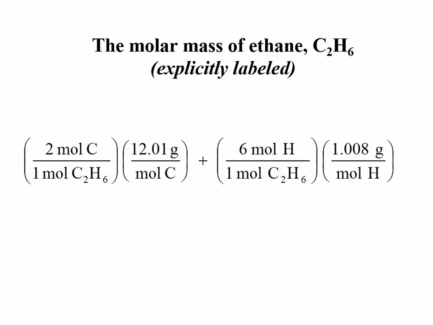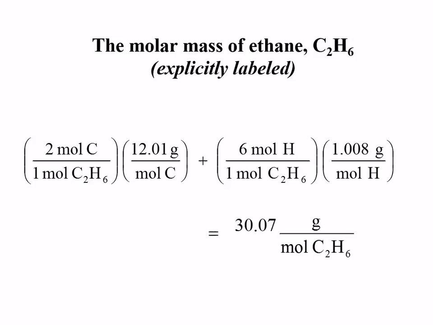So factor label-wise, all I've done here is that my moles of carbon cancel. I'm left with grams of carbon per 1 mole of ethane, and here moles of hydrogen cancel. I'm left with grams of hydrogen per 1 mole of compound. So bottom line is when we add those 2 masses, we get the total mass per mole of compound.